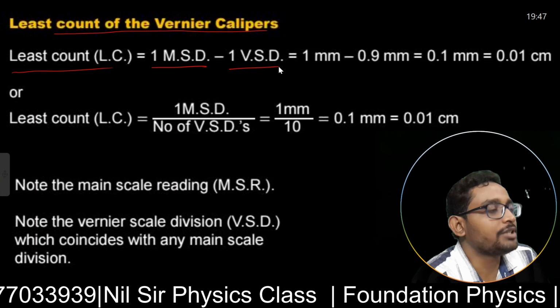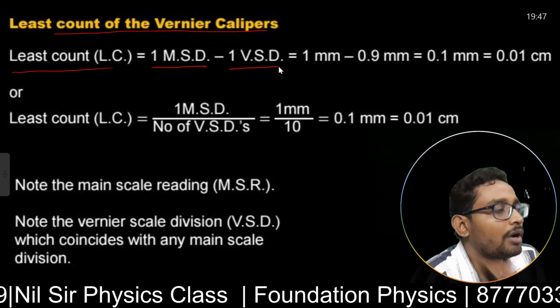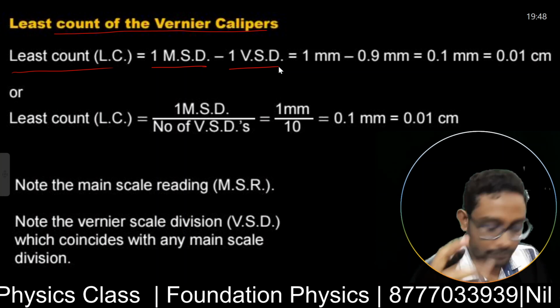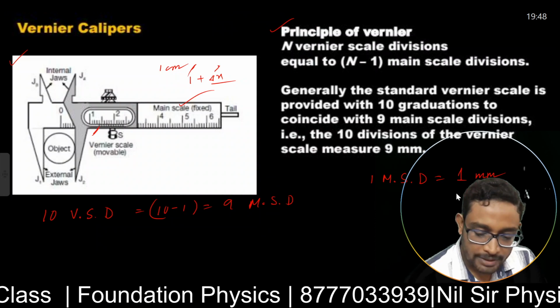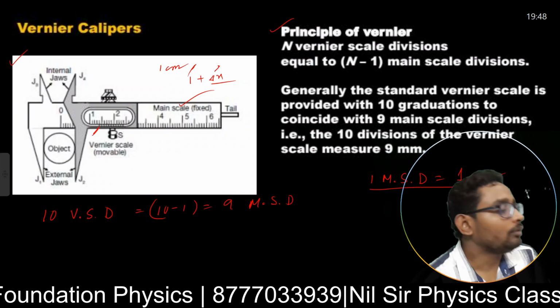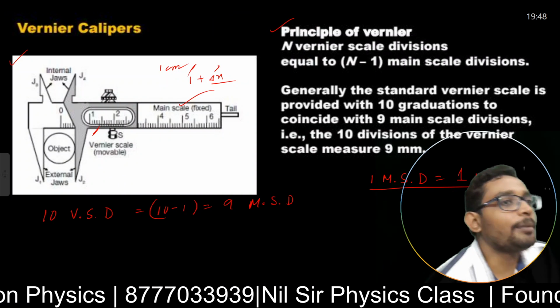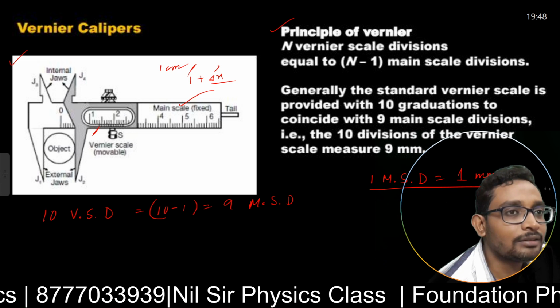Now, what is the value of 1 main scale division? 1 millimeter. What is the value of 1 vernier scale division?